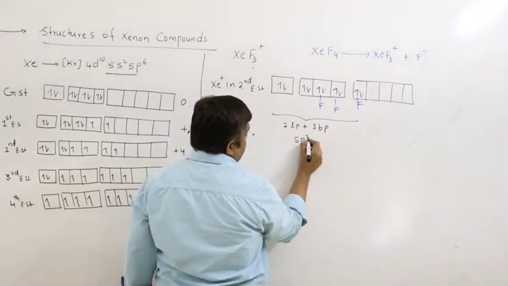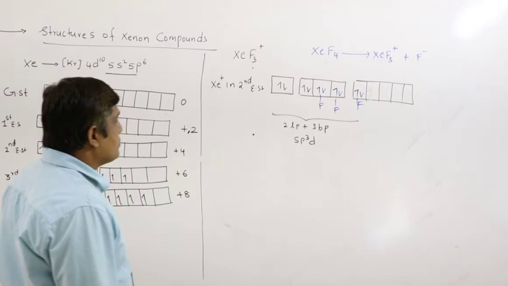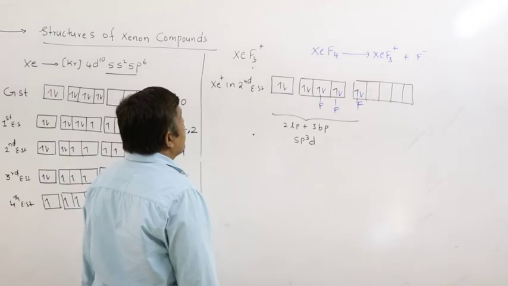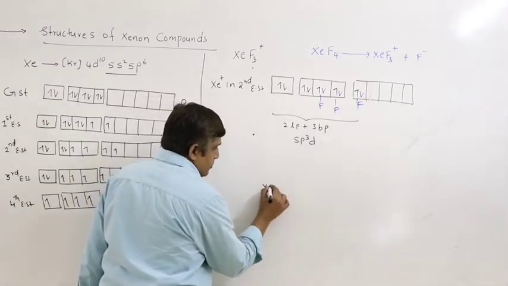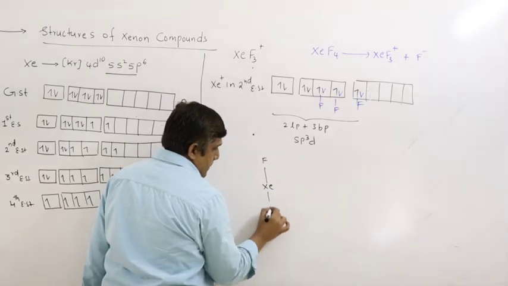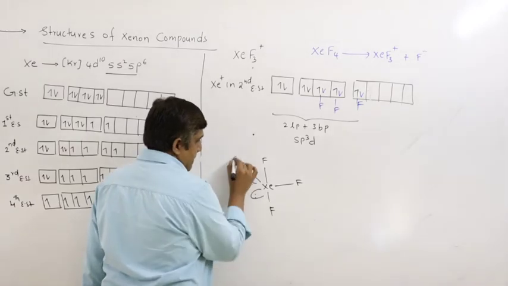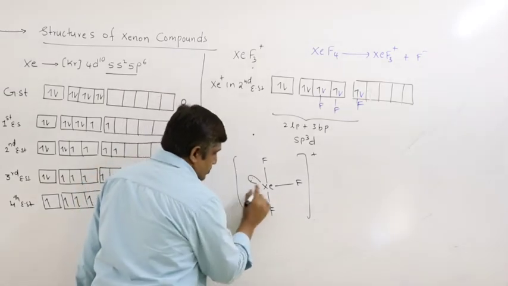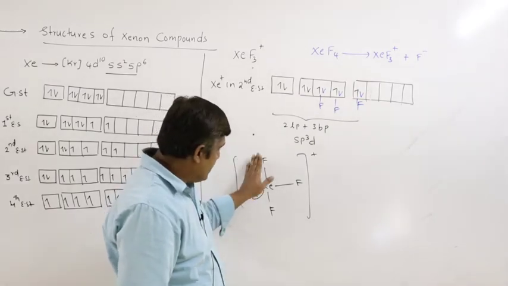So hybridization is sp3d, right. So this is the shape. What is the shape of this? T shape.